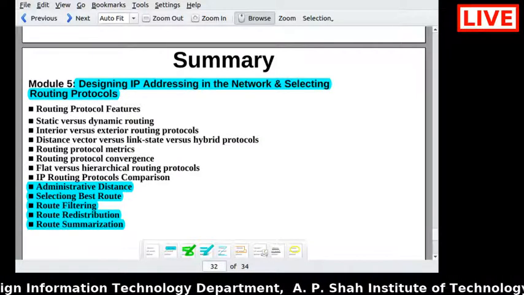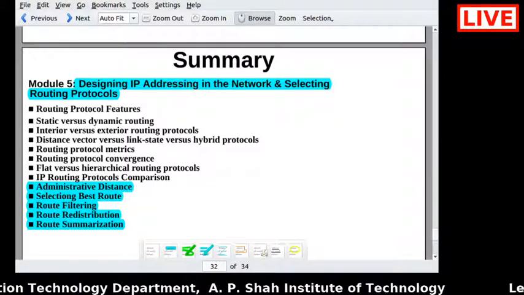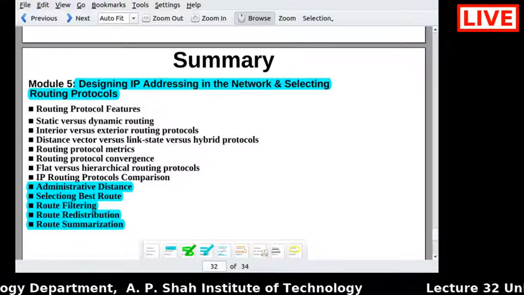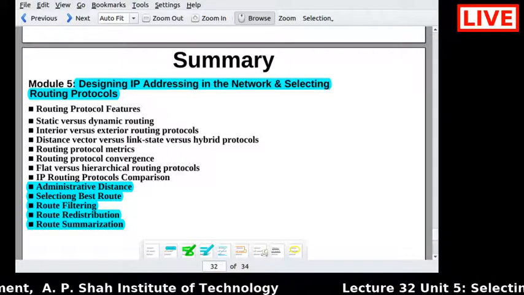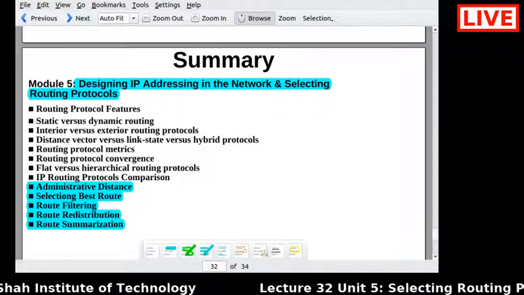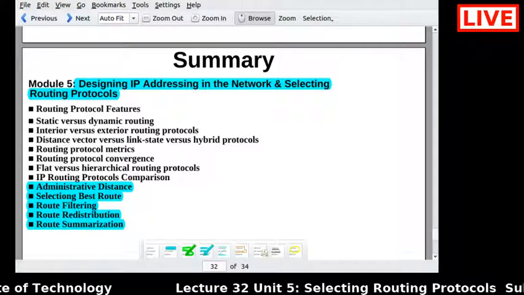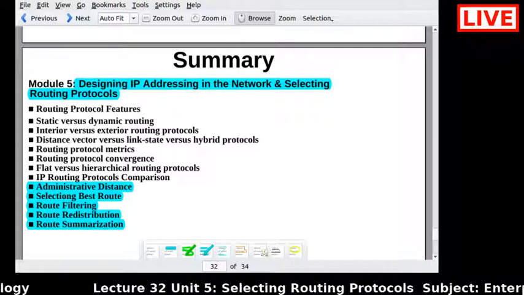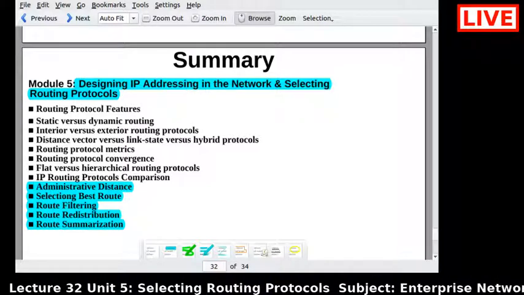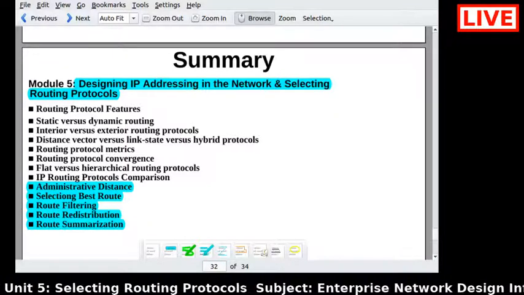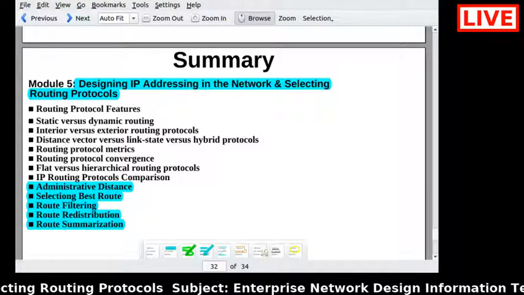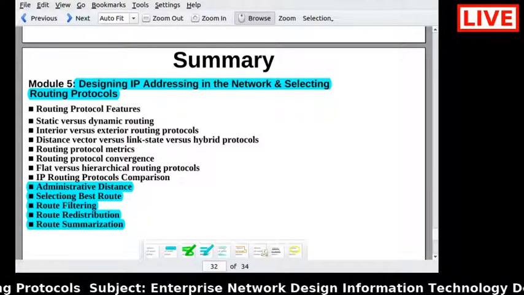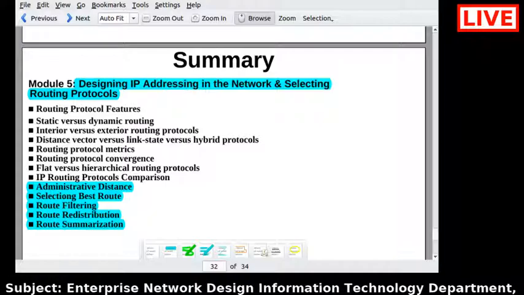I have already shared the video links with you all. Just go through this implementation part, so it will be very helpful for a better understanding of routing protocols. Why am I giving so much stress on this chapter? Because this chapter is very important for your basic knowledge of networking.